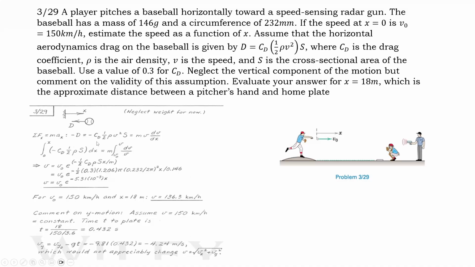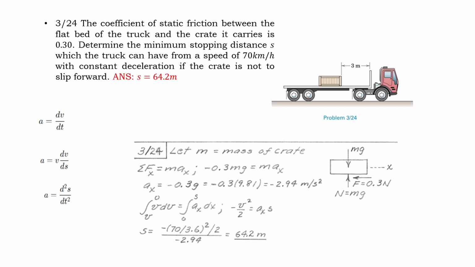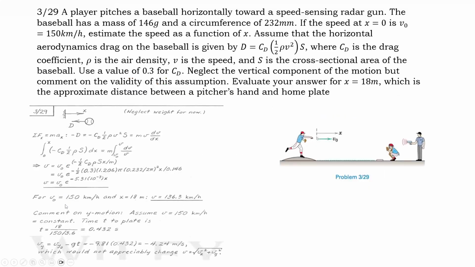Remember, as I said before, acceleration can be stated as a function of velocity and time, velocity and s, distance and time. So in this question it will be stated as a function of velocity and this distance.